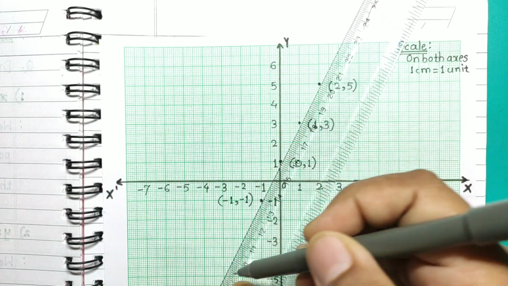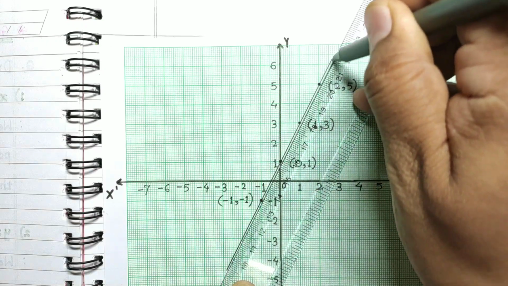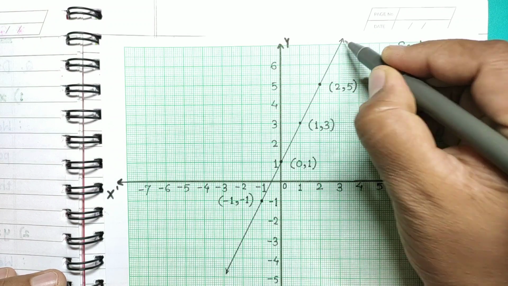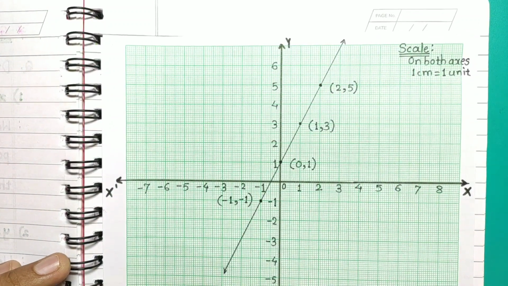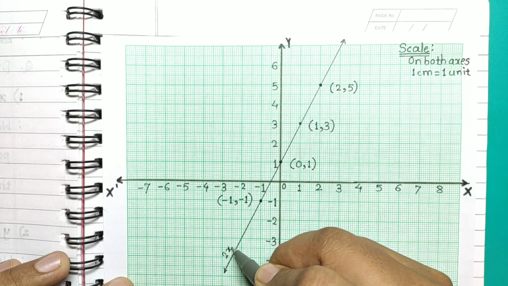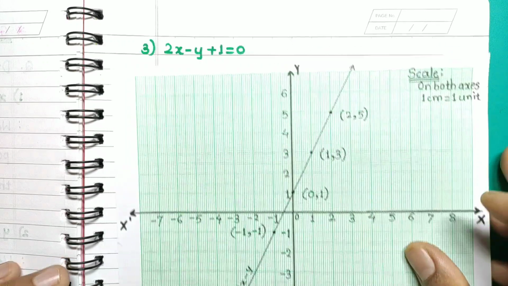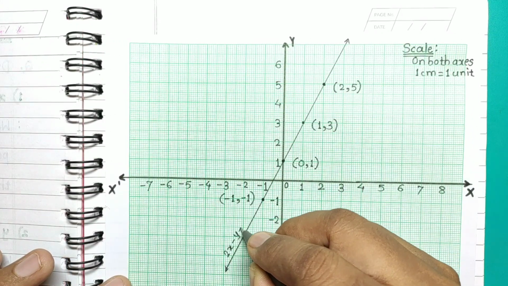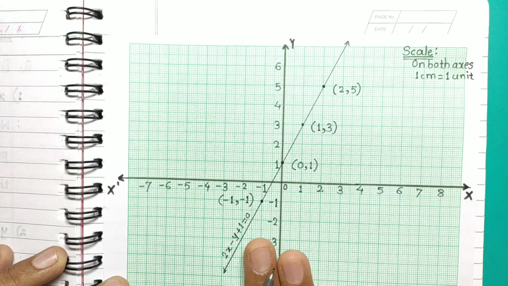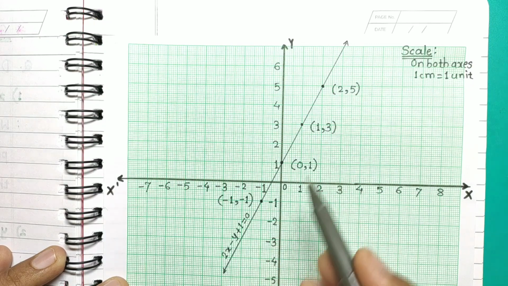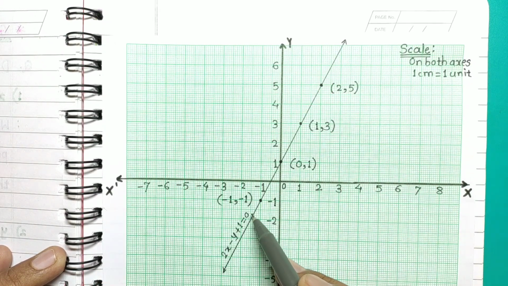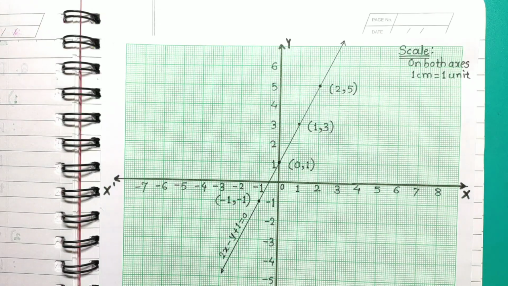See, this is the line, and you write the equation of the line. Here the line is 2x minus y plus 1 is equal to 0. So this line is the graph of the linear equation 2x minus y plus 1 is equal to 0.